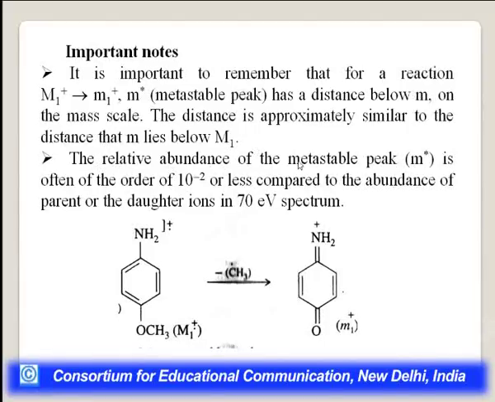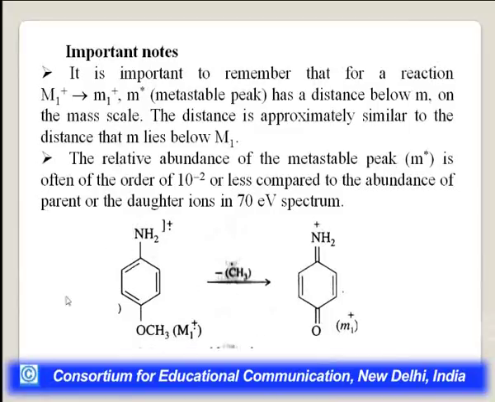The relative abundance, because it does not reach the collector, will be small. The relative abundance of the metastable peak, that is m star, is often of the order of 10 to the power minus 2 or less as compared to the abundance of the parent ion or the daughter ion. Here is the example you can see.